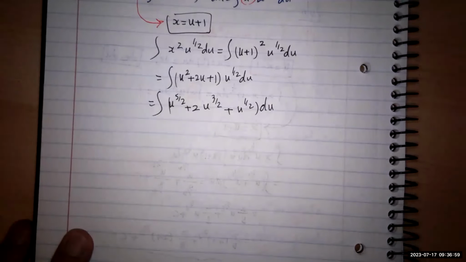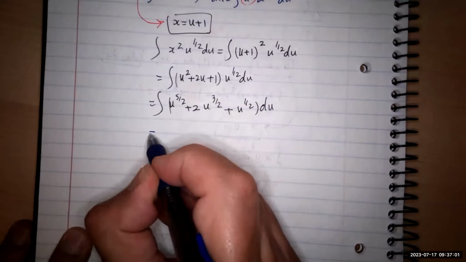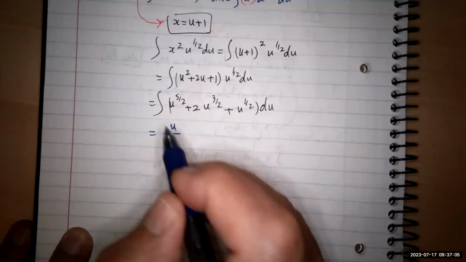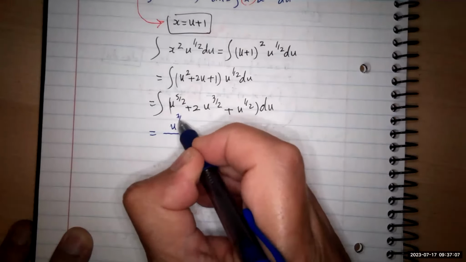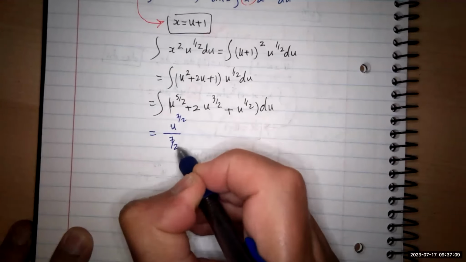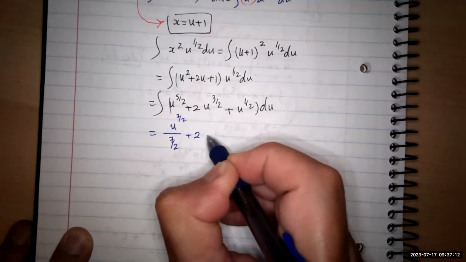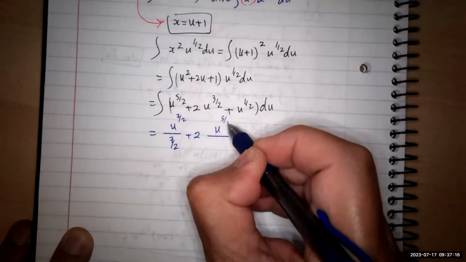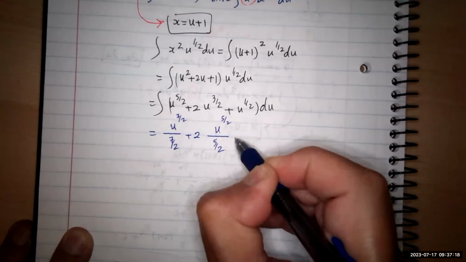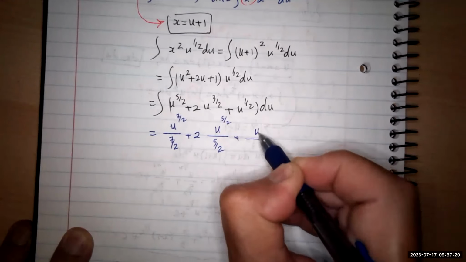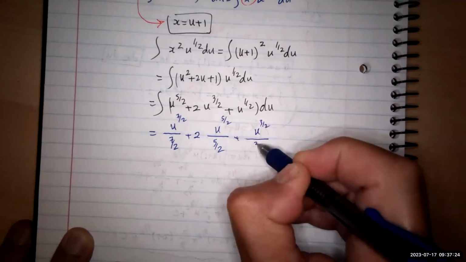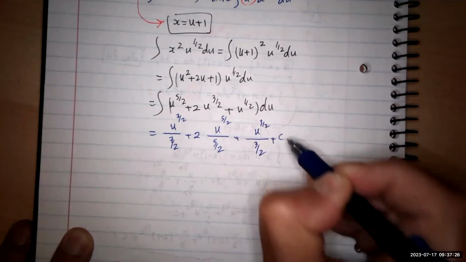So integrate. u to the 5 halves becomes u to the 5 halves plus 1, which is 7 halves, over the 7 halves, plus 2 times u to the 3 halves plus 1, which is 5 halves, over the 5 halves, plus u to the 1 half plus 1, which is 3 halves, over the 3 halves. Of course, the constant.